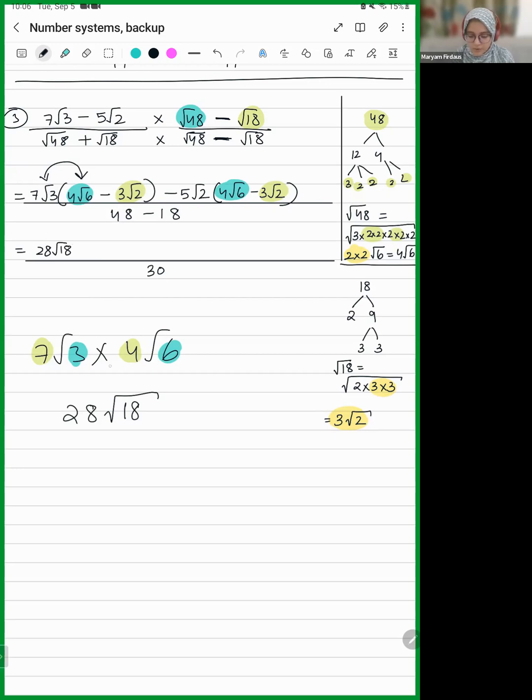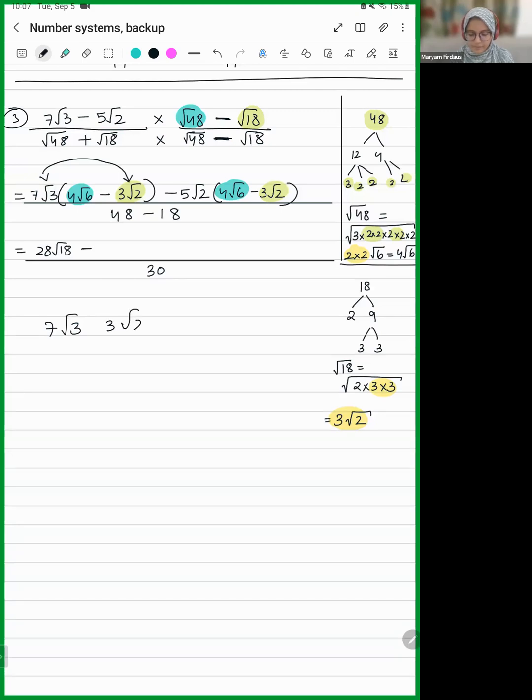Now let's do 7 root 3 multiplied by this one, 3 root 2. Abdul Jabbar, unmute. Yes, ma'am.